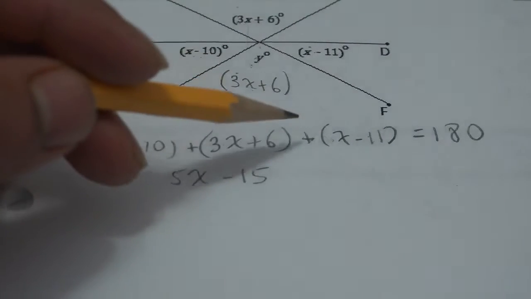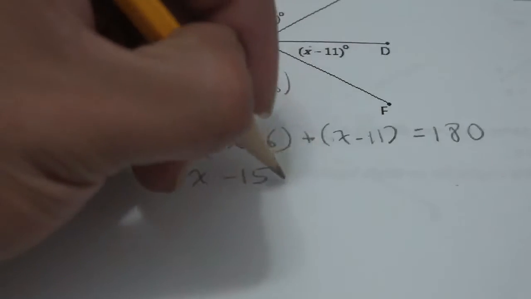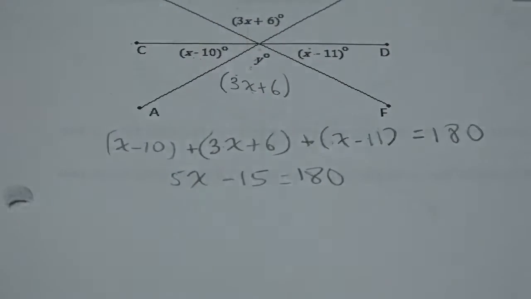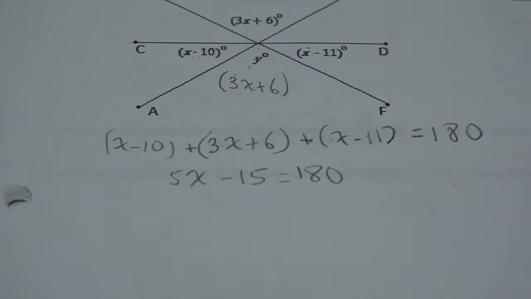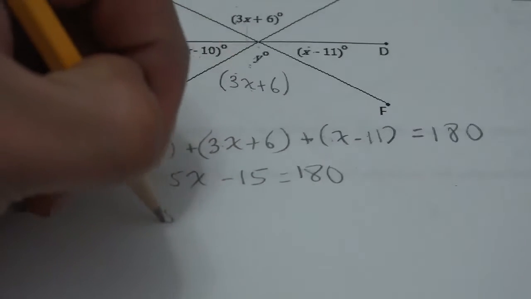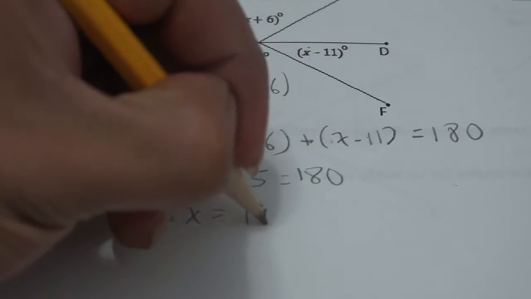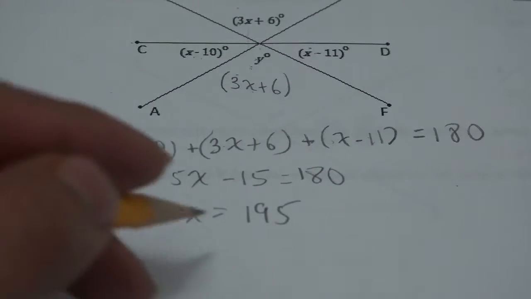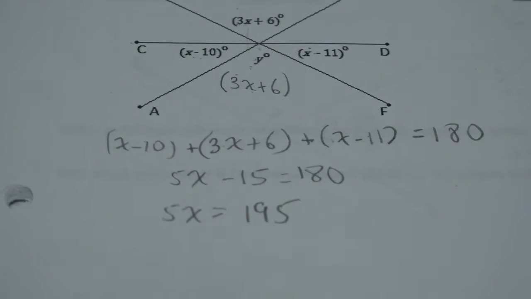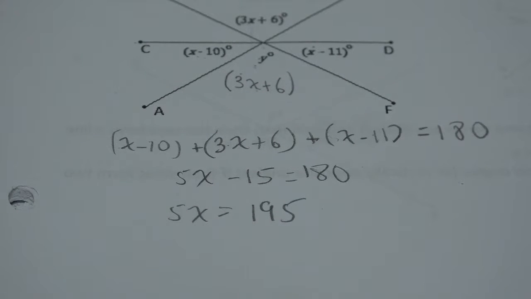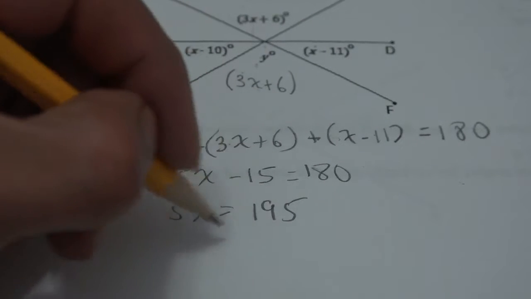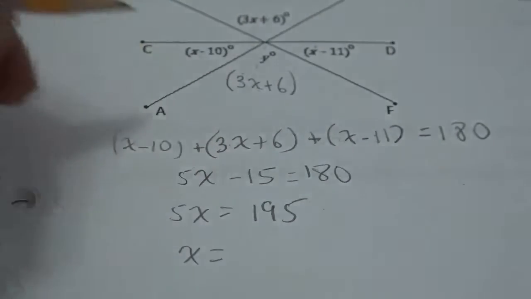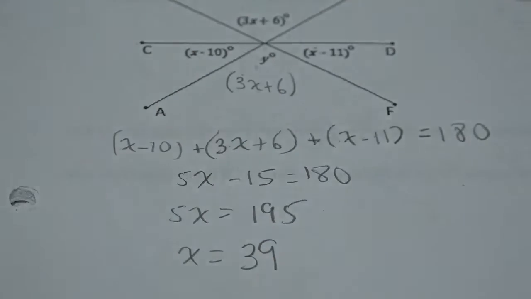Let's see, 21 plus 60, 50, okay, 180. So now I'm gonna add 15 to both sides, and I get x equals 195. I'm getting worse by the minute. Alright, so now I divide by 5 and I find the value of x, which is 39. So x here is 39.